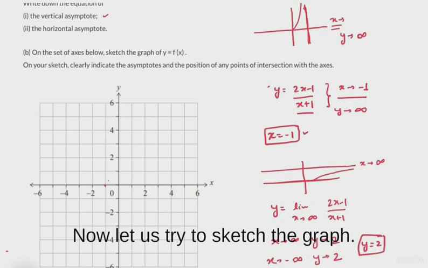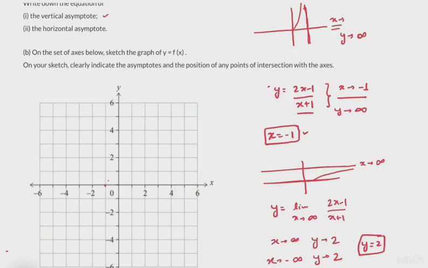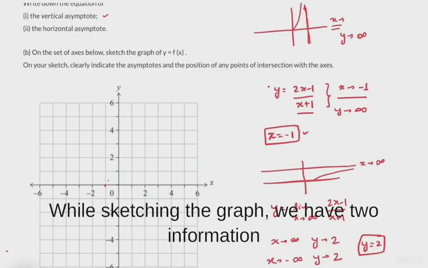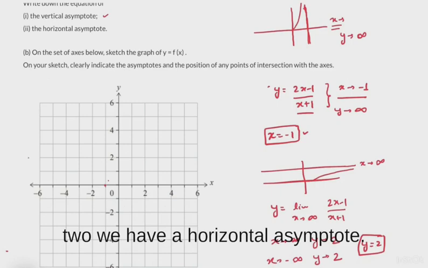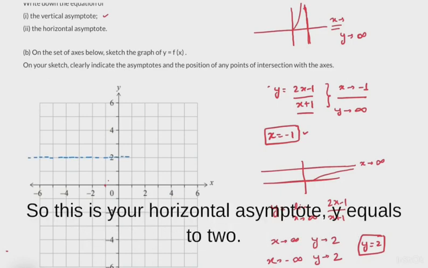Now, let us try to sketch the graph. While sketching the graph, we already have two pieces of information: at y equals 2, we have a horizontal asymptote. So this is your horizontal asymptote, y equals 2.